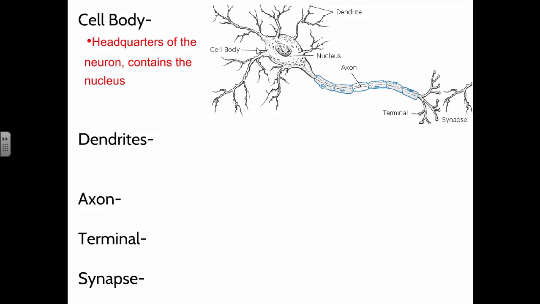Attached to that cell body are all these little branches called dendrites. And these dendrites, think of them as kind of listening for messages from other neurons. These dendrites can pick up a signal from another neuron and pass it along.